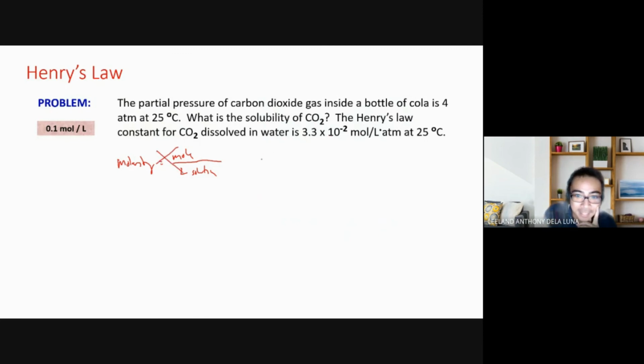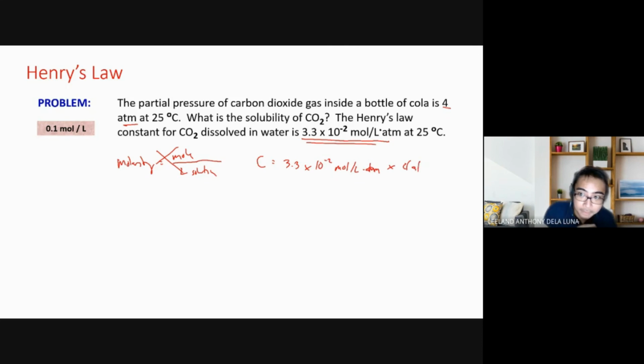So our solubility, C, would be simply this: 3.3 times 10 to the negative 2 mole per liter atmosphere, multiplied by our partial pressure, which is 4 atmospheres.